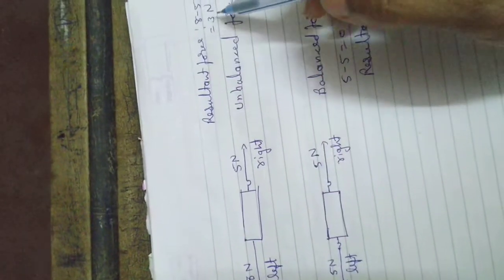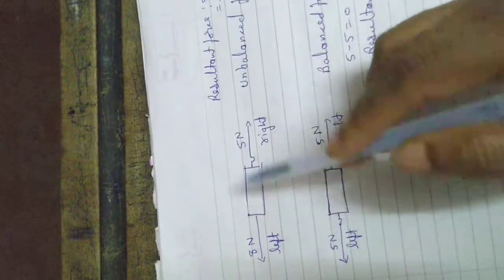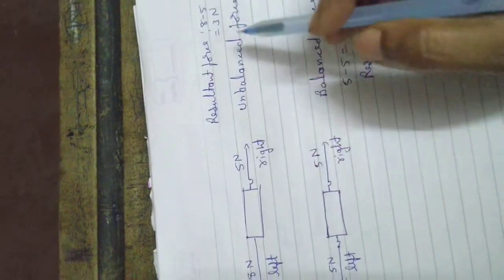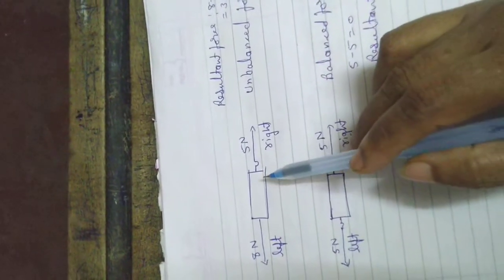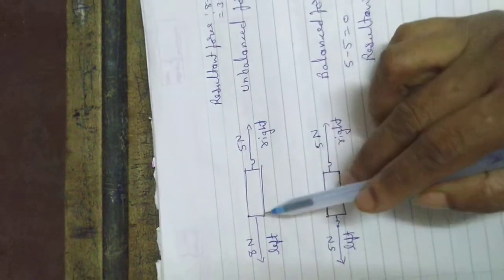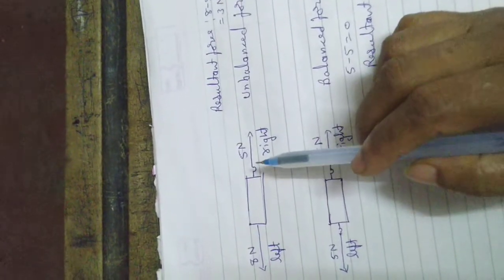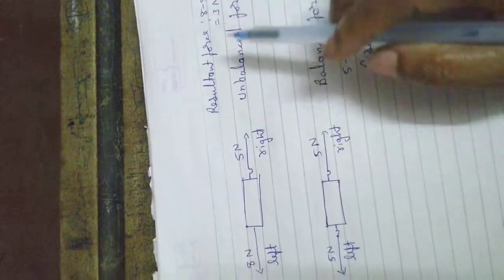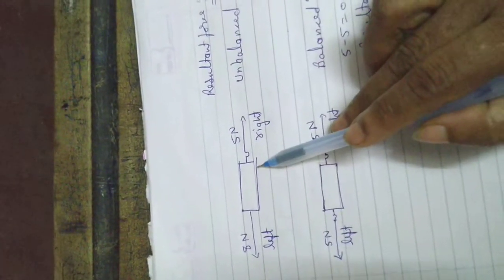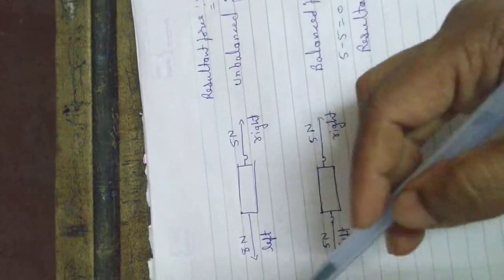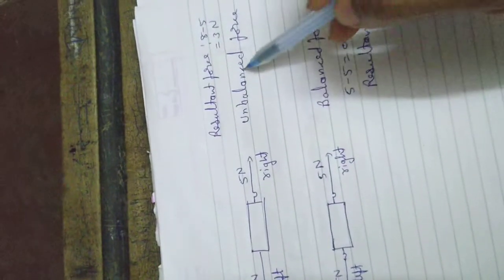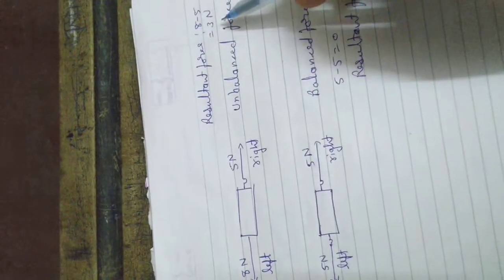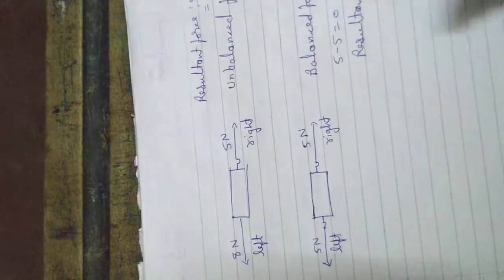So the resultant force in this case, when unequal forces are applied in opposite directions, is 3 Newton, and this type of force, under whose effect the body changes its position, is called unbalanced force. That is, the forces under whose effect the object changes its position are called unbalanced force, and the resultant force in unbalanced force is never zero, it will be any positive figure.